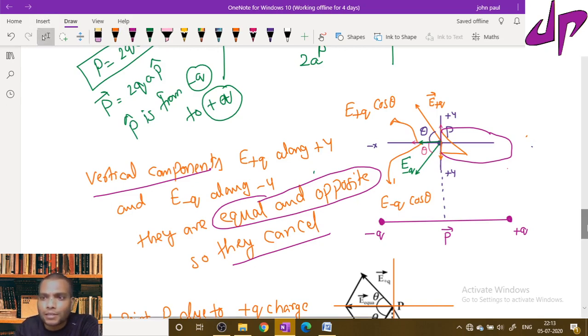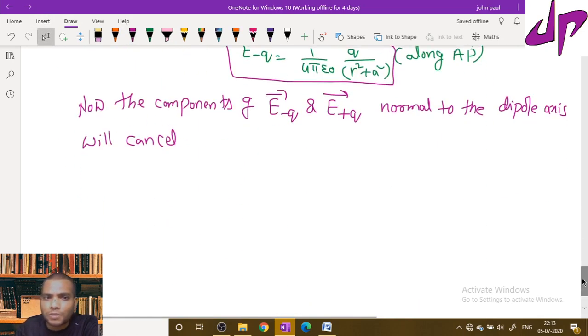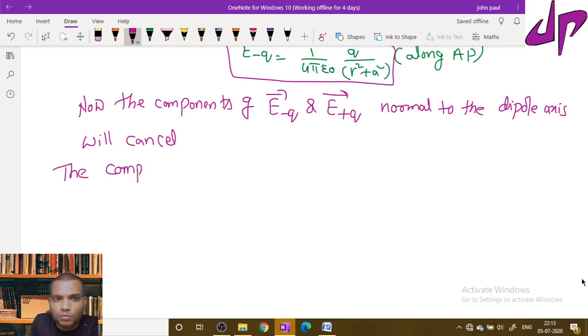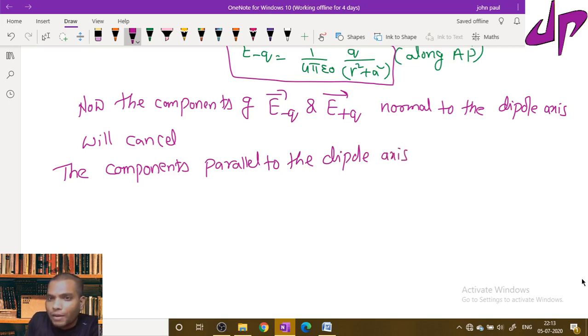Now if they cancel each other, which components are left? The leftover components, the components parallel to the dipole axis, will add up.